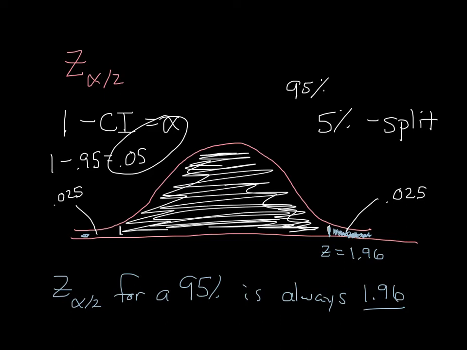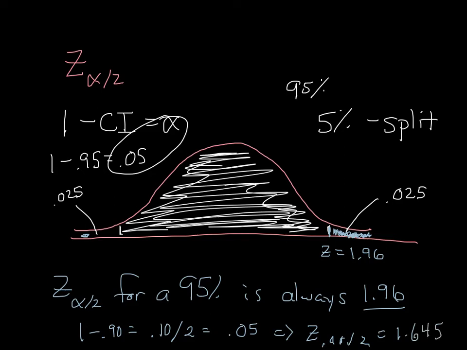If it's a 90% confidence interval, then we'd say 1 minus 0.90 is 0.10. We divide that by 2, so the area in each tail would be 0.05. And if we go to our table A2 and look that up, the z-score that goes with that 90% confidence interval is going to be 1.645.